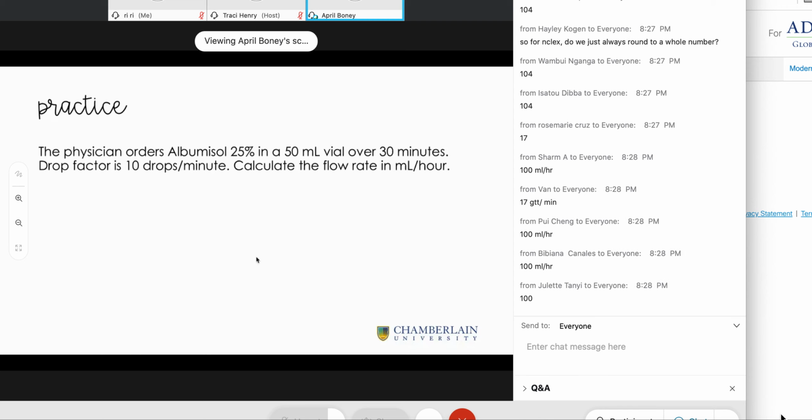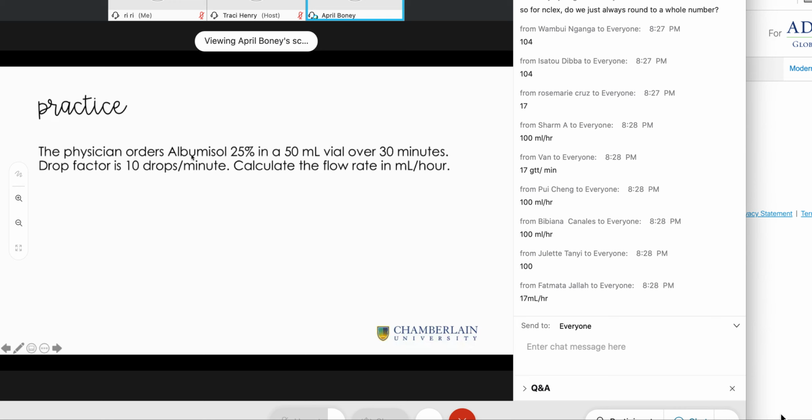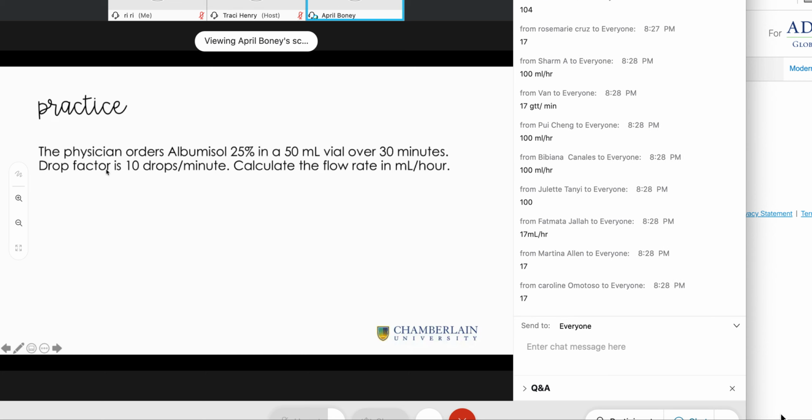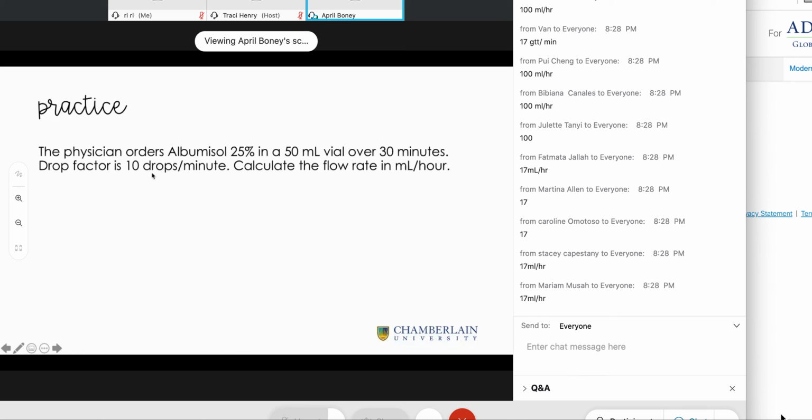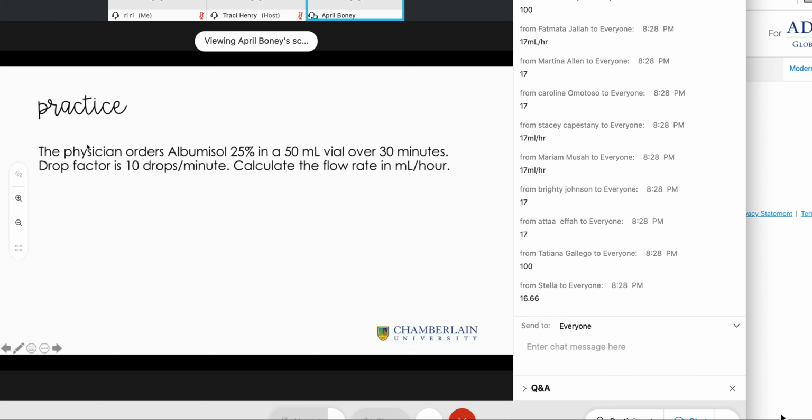So let's look at this one. We have a prescription for 50, doesn't matter what we're giving, 50 milliliters over 30 minutes. But it also gave us a drop factor. So a lot of students think, oh, they must want me to do drops per minute. But if you look, it's actually asking you for milliliters per hour. So you really don't need this drop factor. It's just junk they want to know that you know you don't need.